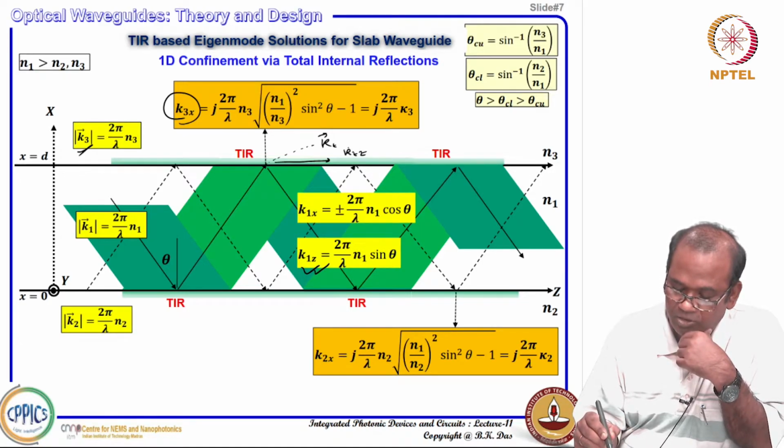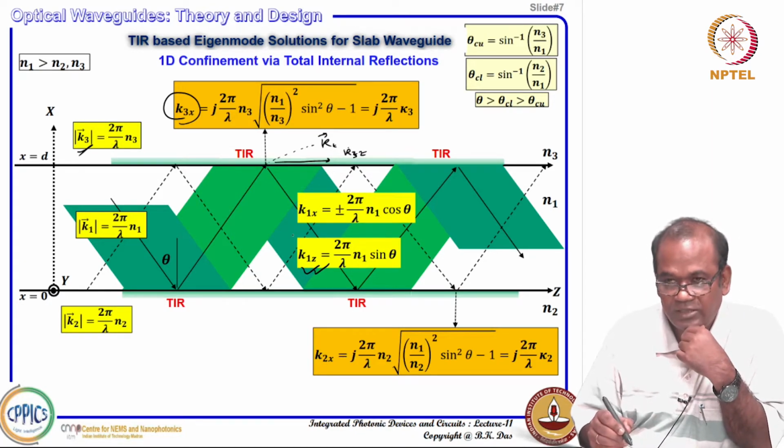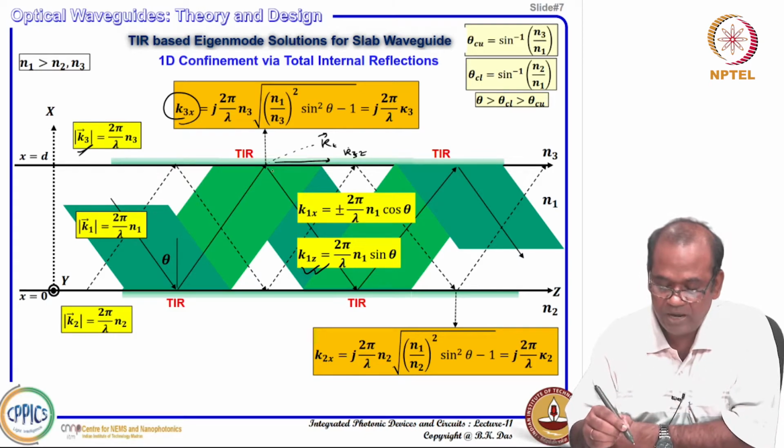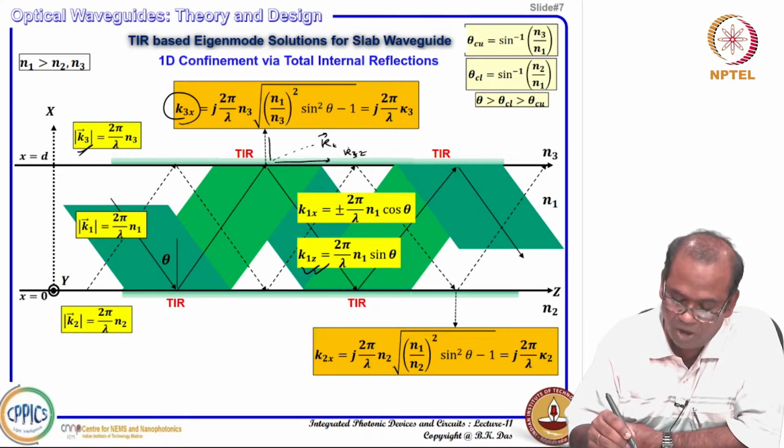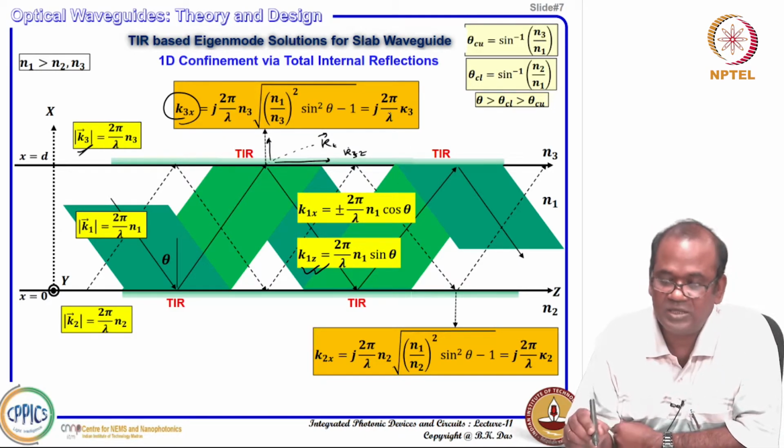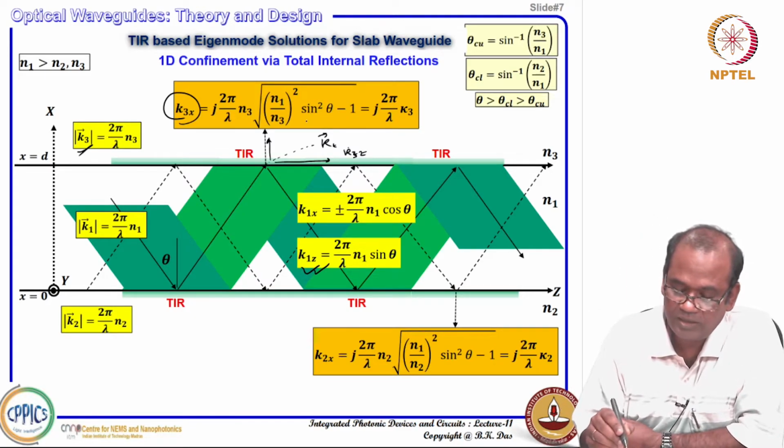So, here I will be considering k3z equal to k1z because the tangential component will be the same, but the normal component will be imaginary. So, during total internal reflection the normal component will have an imaginary value.